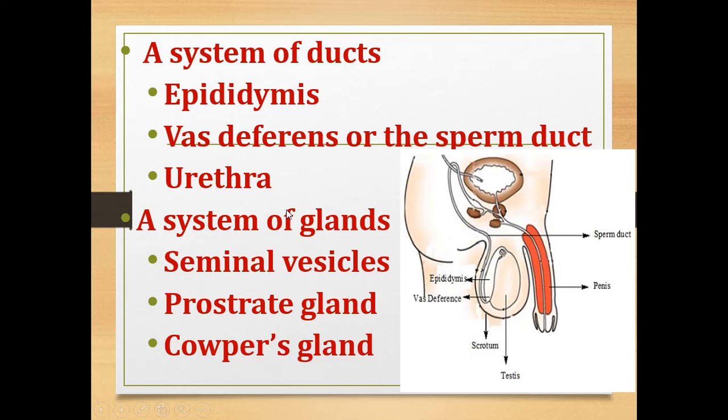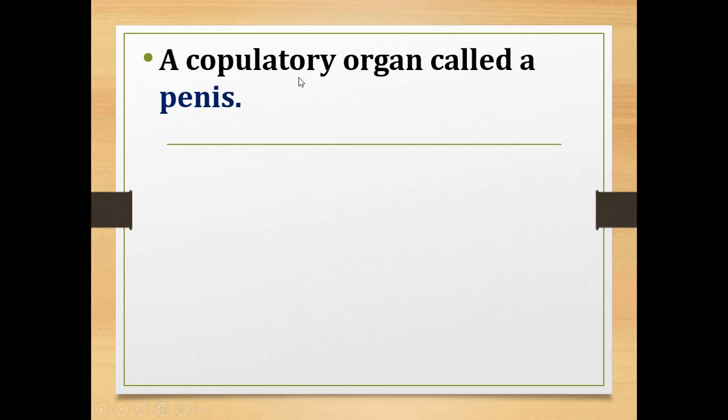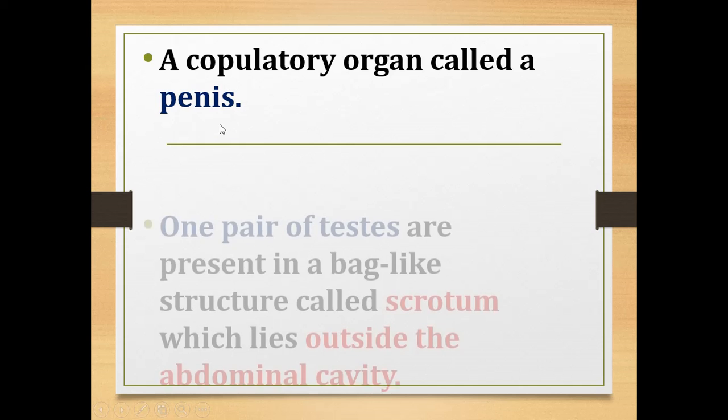Here you can see the structure of the male reproductive system. I have told you that there is a pair of testes, scrotum, vas deferens, epididymis. You can see the sperm duct here, and this last part is the penis, the copulatory organ.